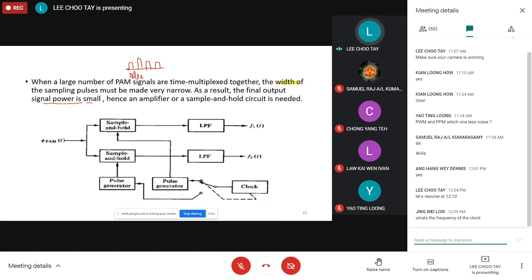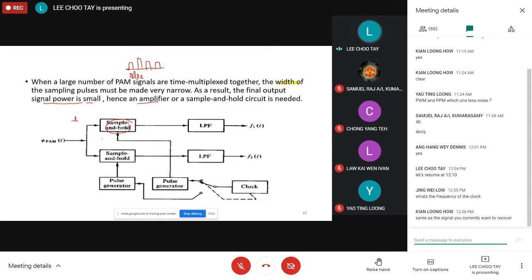Therefore, for this kind of circuit, you definitely need an amplifier to amplify the incoming signal, or you use a sample and hold circuit that can hold the amplitude. If I take the sample for message number 1 here, the sample and hold circuit samples the amplitude and holds it so that it lasts longer. When the pulse lasts longer, the power of the signal will be more.